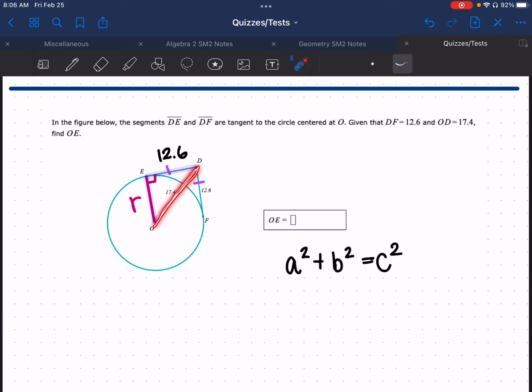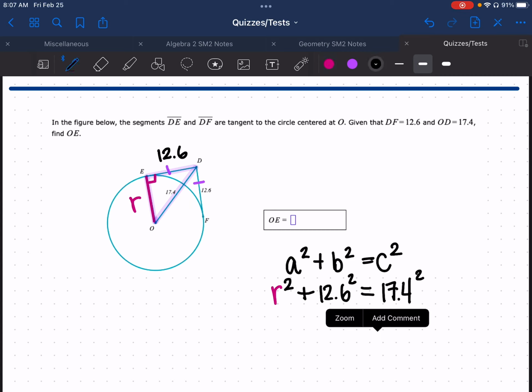It's always going to be this one right here, never the tangent one. So I'm going to put 17.4 squared right there. I'm going to put 12.6 squared right here, and I'm going to solve for r squared, my radius.